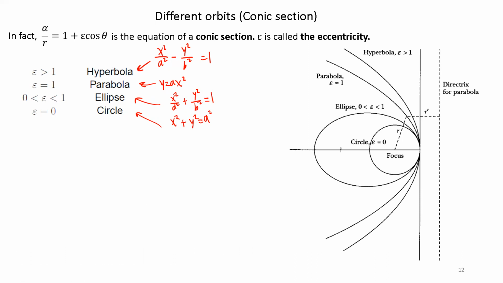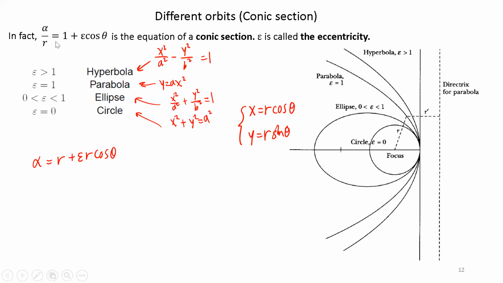It's just a conversion from the polar coordinates back to the Cartesian coordinates. The transformation we need is of course x equals r cosine theta, and y equals r sine theta. If I look at this equation, then what I have is alpha equals r plus epsilon r cosine theta.